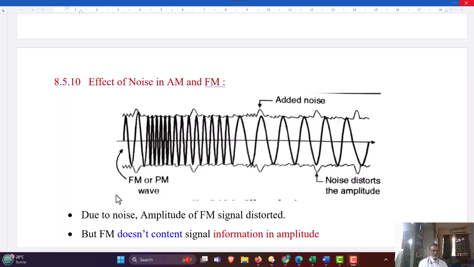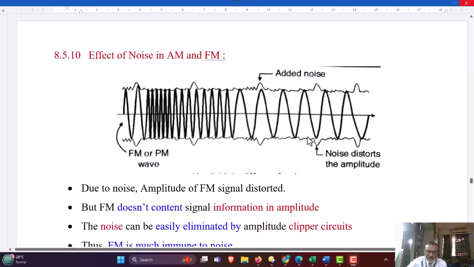Therefore, even though noise gets added in a frequency modulated signal, it can easily be removed at the receiving end just by slicing the amplitude at a particular level, and noise can be clipped off.